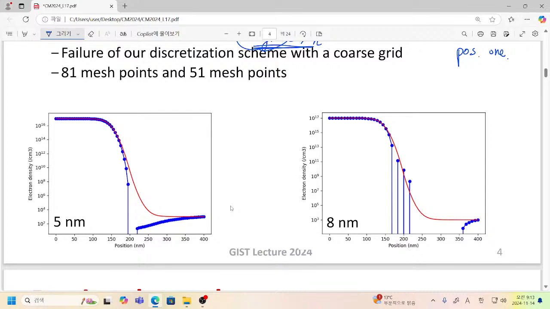So previously we have seen that 1 nanometer was acceptable and 10 nanometer was not acceptable. Then where can you find the boundary between acceptable and unacceptable? In other words, when we have a negative electron density, what is the borderline? Here we have a certain number, 5 nanometer: at 5 nanometer we have negative electron density, and 8 nanometer also.